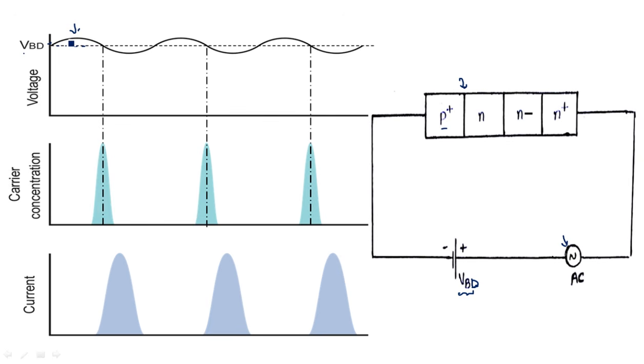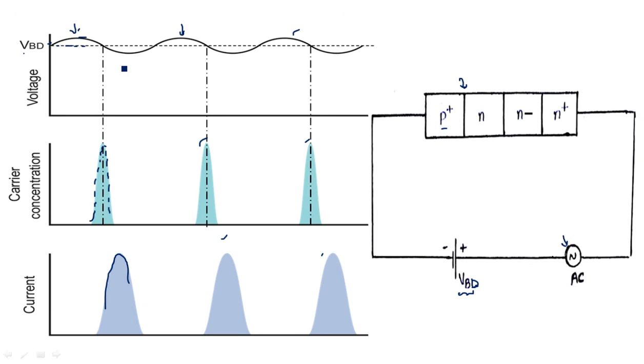Due to this positive peak, the charge carrier concentration increases heavily, and because of these charge carriers, the current also increases. It will not happen immediately, it takes some delay. That's why the current increases like this. Again, for one more positive peak, the same process will result.